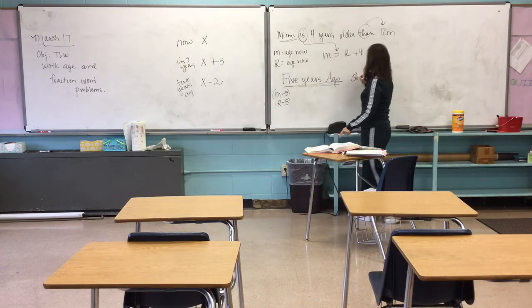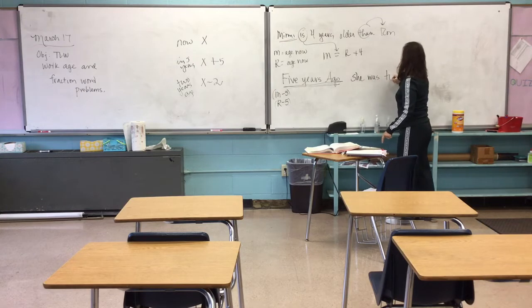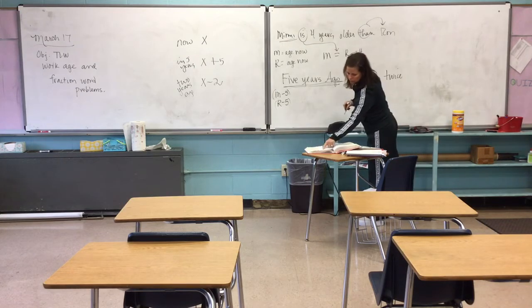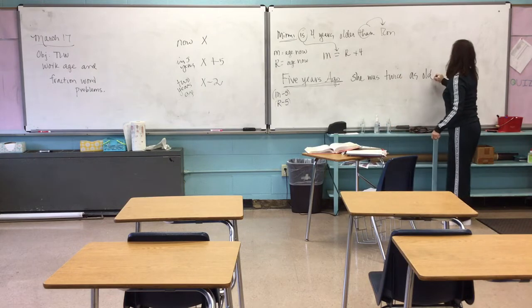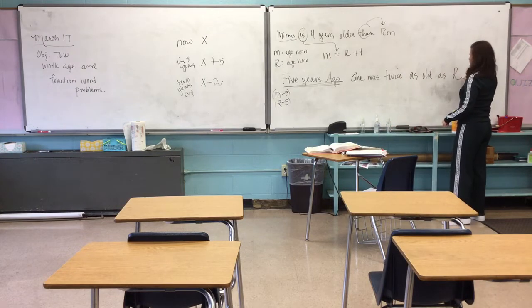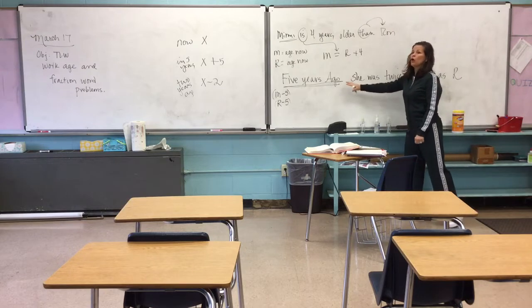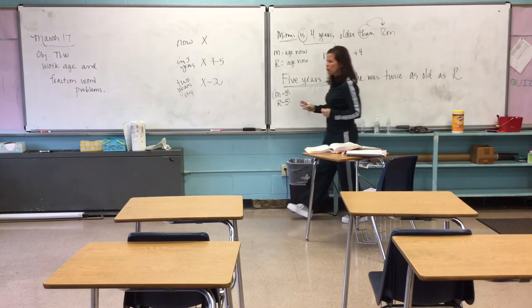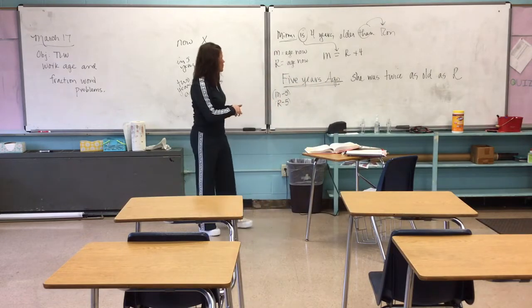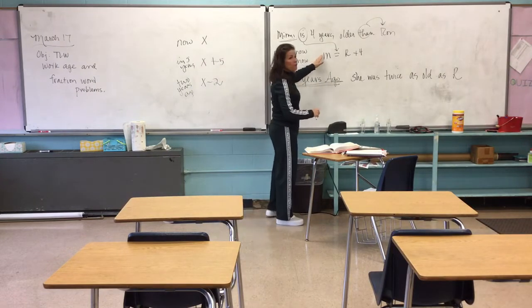It says 5 years ago, she was twice as old as him. So remember, we're going to be using a system of equations to solve these word problems. So here's our first equation.